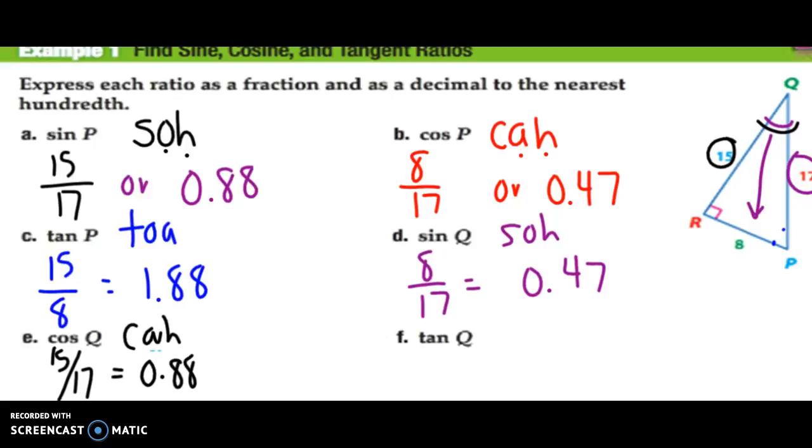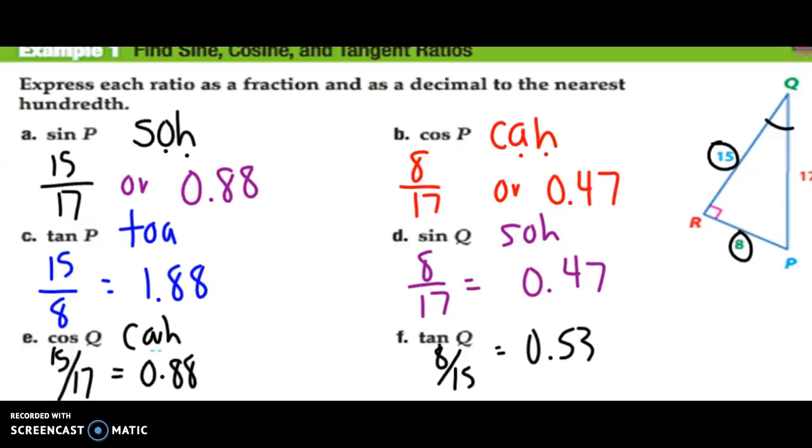So the cosine of Q is the same as sine of P. And then finally, tangent of Q. So from Q, tangent would be opposite, 8, over adjacent, which is 15. And as a decimal, that would be 0.53. And so you'll see that because they're trigonometric ratios, they show up the same way in different triangles.